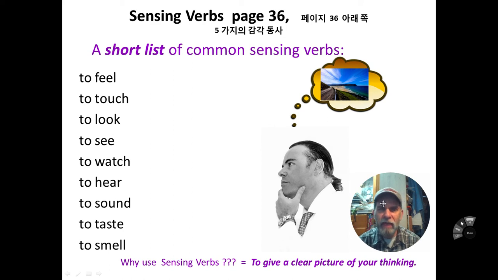There are 5 basic sensing verbs. But really there are many words that are used as sensing verbs. Here's a few common ones: to feel, to touch, to look, to see, to watch, to hear, to sound, to taste, to smell.